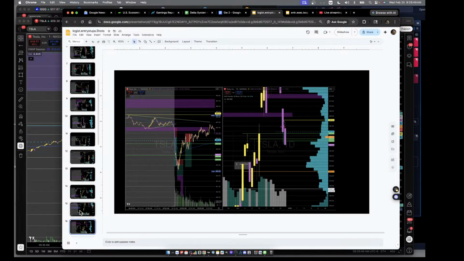But this one opened in the candle of a red candle, still bearish. We got a bearish situation here. Went down and then just continued down, and then reached a level where it restructured, kind of. It just failed to go lower and it just went higher.